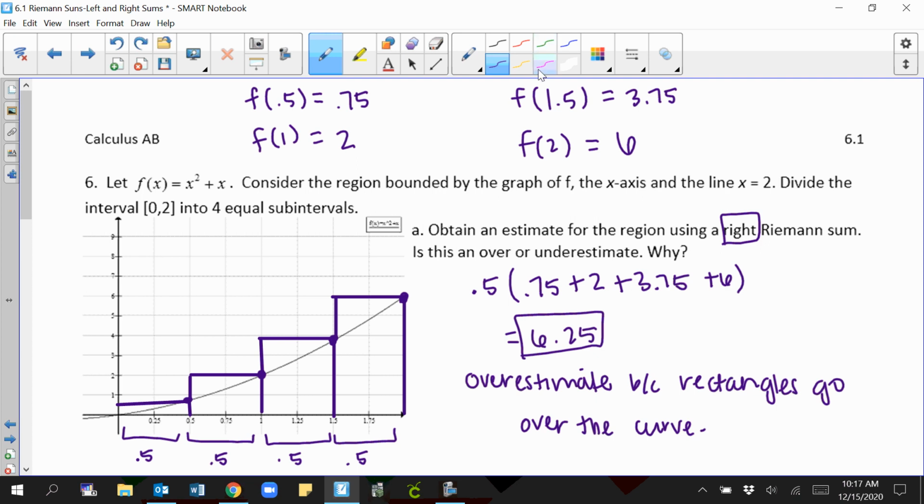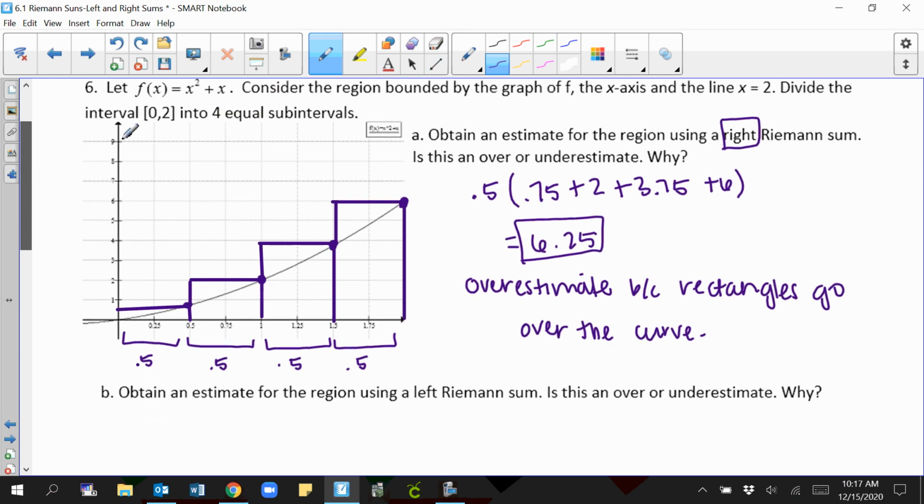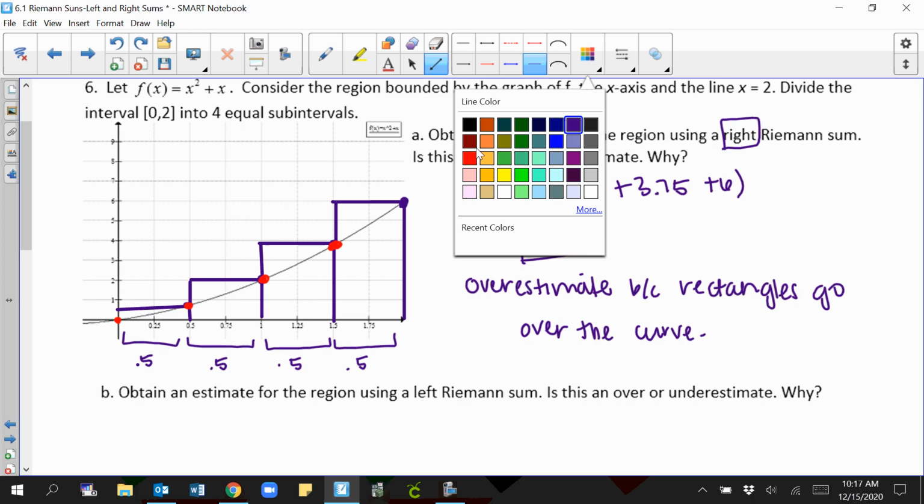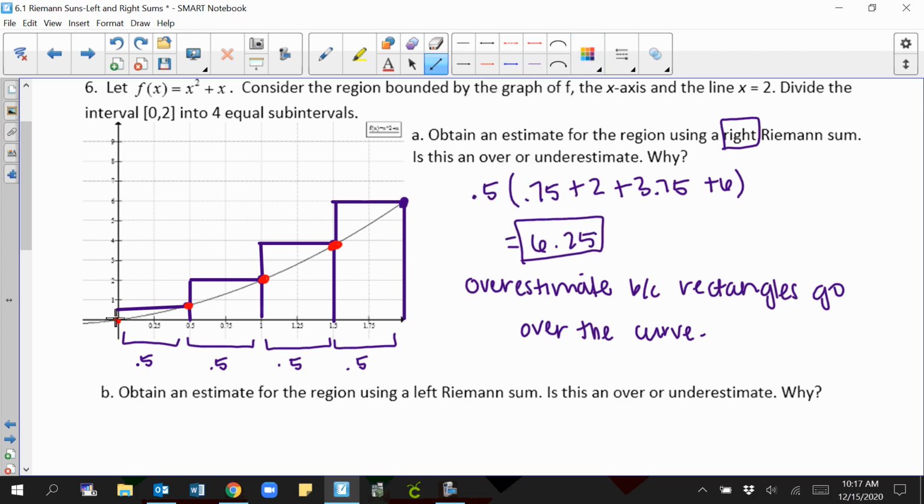Now let's look at our left Riemann sums. And I'm going to do our left Riemann sums in red. So my left Riemann sum means that instead of using these endpoints on the right, I'm going to use these points over here on the left. So when I do it this time, my rectangles are going to be under my curve.